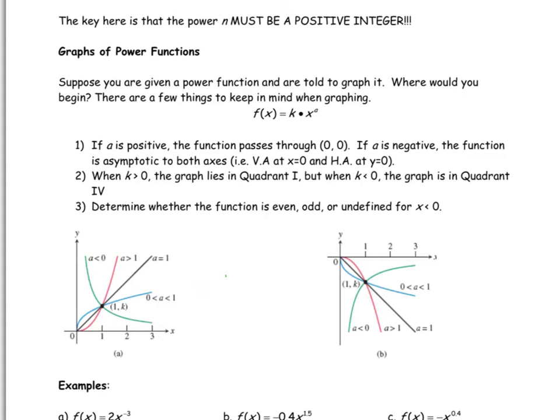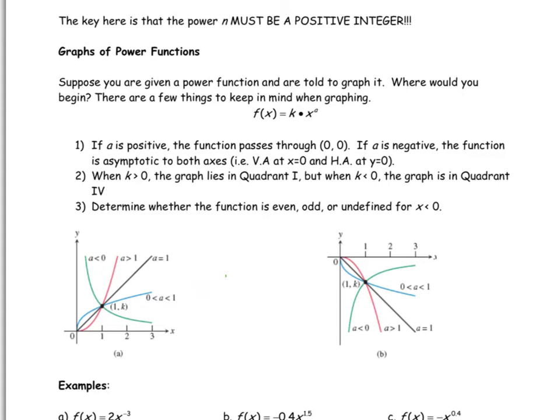If a is positive, the function passes through (0, 0). That means it's going to go through the origin. Let me just say, if your exponent is positive, if it's 1, 2, 3, 4, 5, 1/2, 1/3, 2/3, your graph will go through (0, 0).